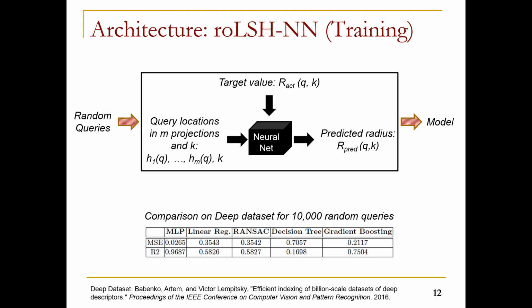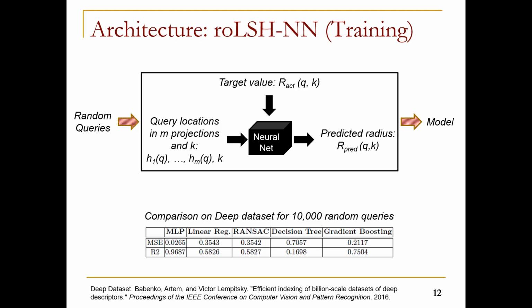To overcome the drawbacks of roLSH-samp, we propose a neural network-based strategy called roLSH-NN. roLSH-NN predicts the radiuses based on the given query's hash values in each projection for any given k value.